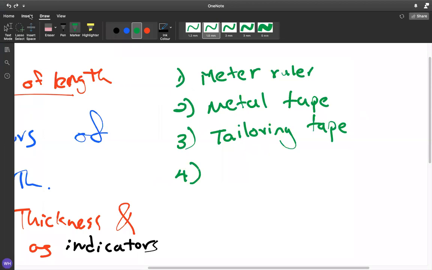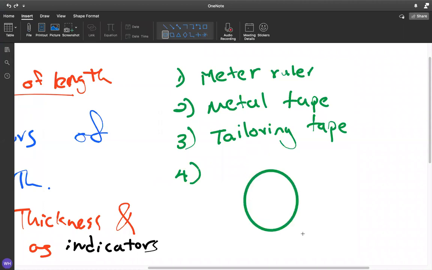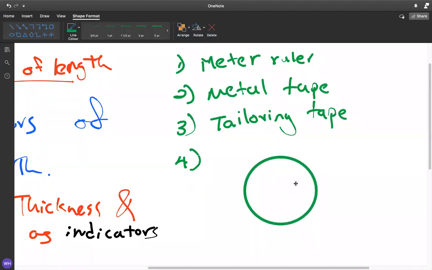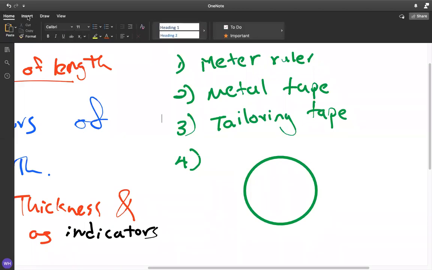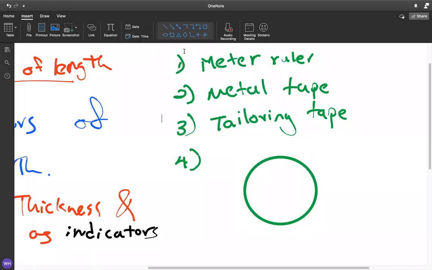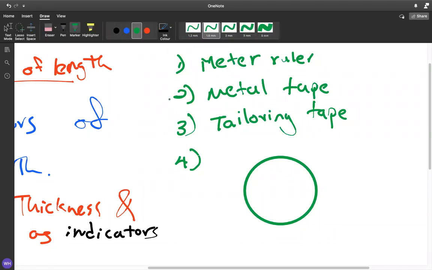Here you have a wheel like this, and at the center a stick is fixed like this, and this thing is taken around. In big schools, they measure the length by using this.